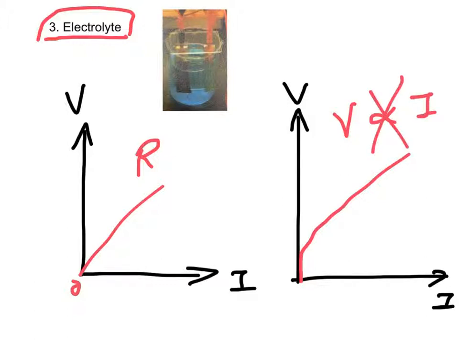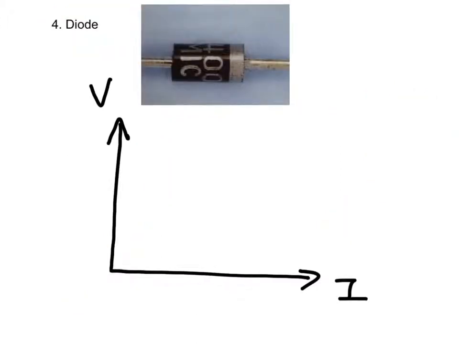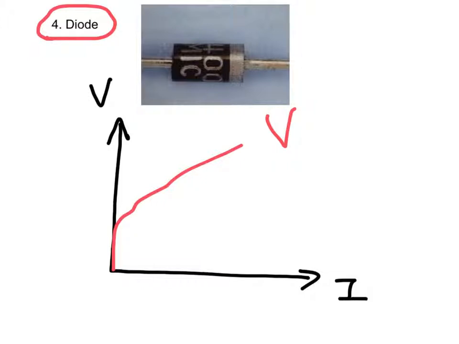This kind of electrolyte does not obey Ohm's law. For another kind of circuit element, the diode (二極管), the VI graph is again not proportional. That means V is not proportional to current.